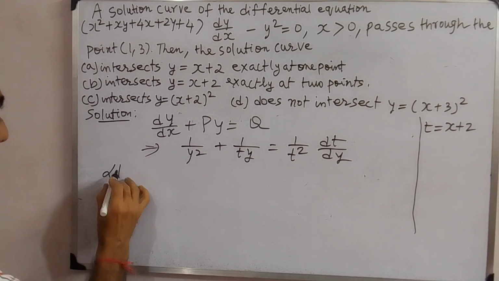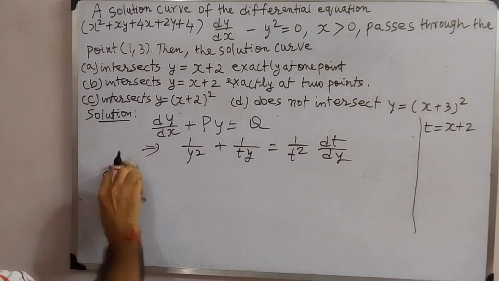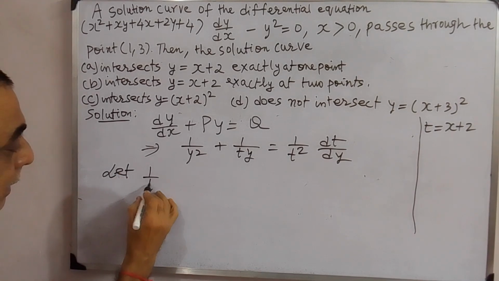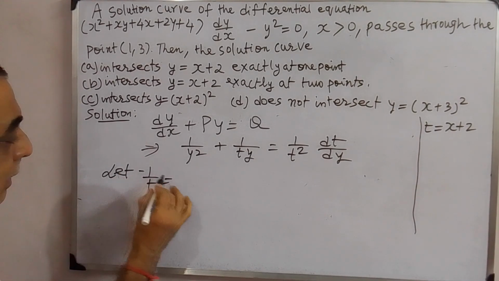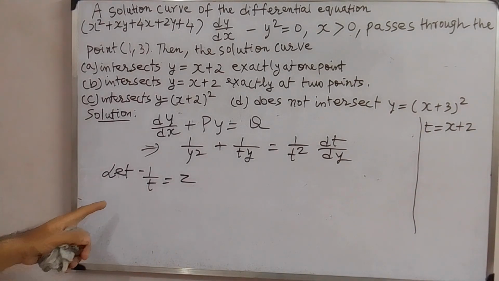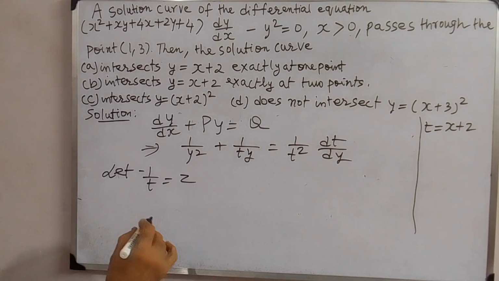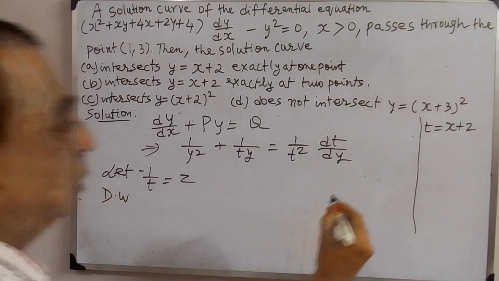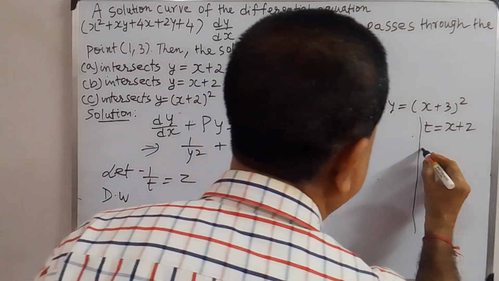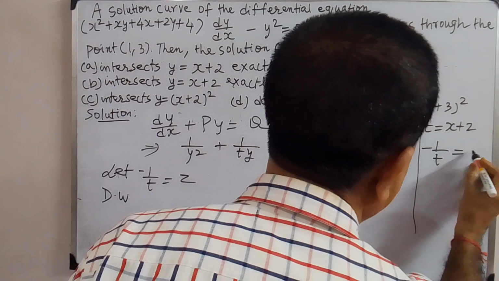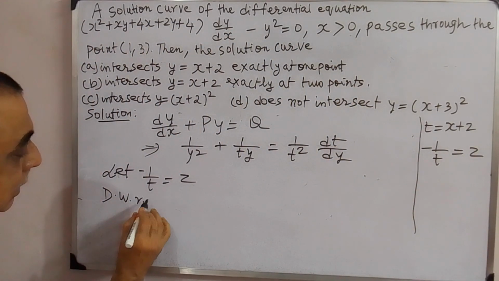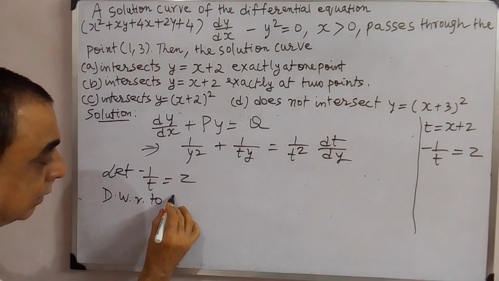So substitute: let minus 1 by t equal z. Differentiate both sides with respect to y.